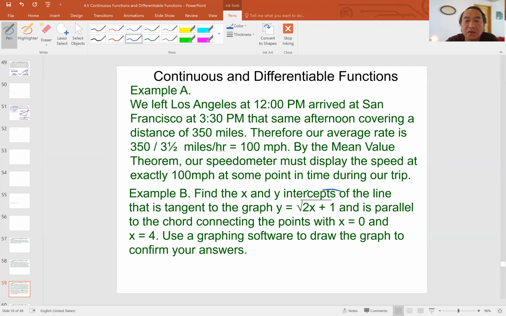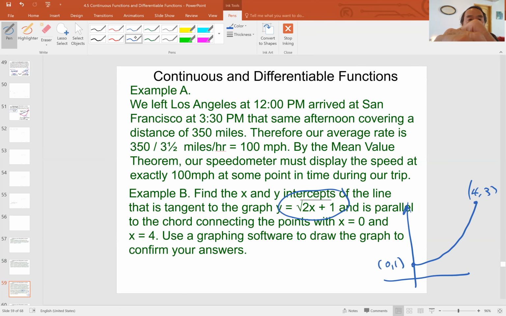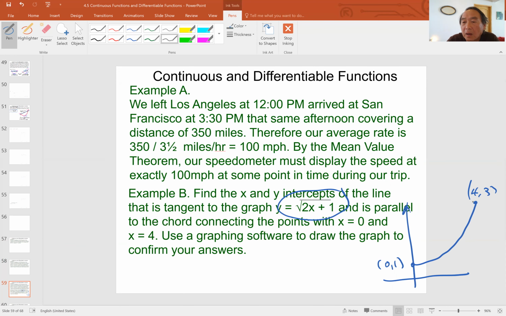So from 0 to 4, let me graph this square root function. When x is 0, we get 1. As x gets bigger, it gets bigger and bigger. So basically it goes like that, right? Again, it starts at (0, 1). When x gets to 4, it gets up to the point where the value is 3. And basically we are trying to find the slope.